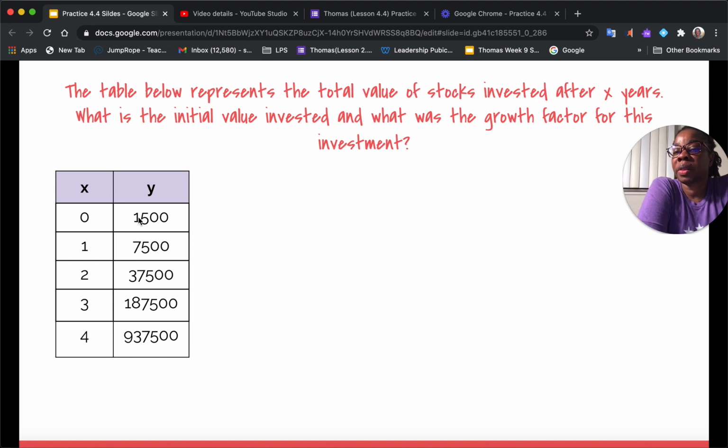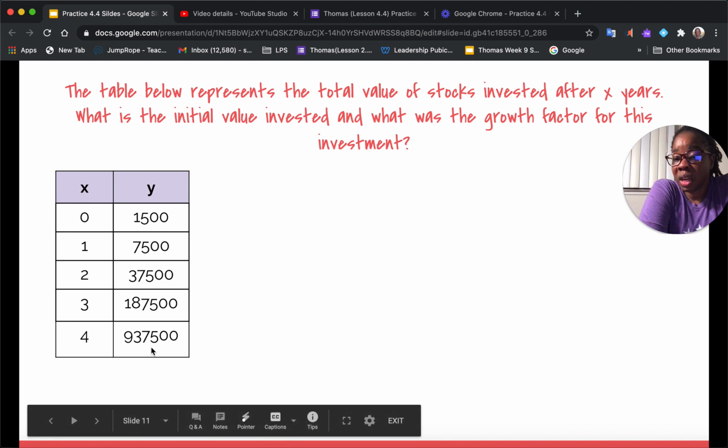It started with 1500, that became 7,500, which became 37,500, that became 187,500, and then in the final row there we have 937,500.